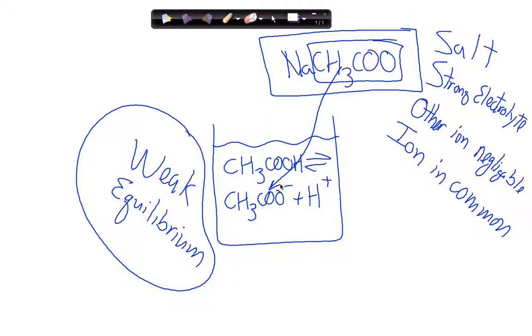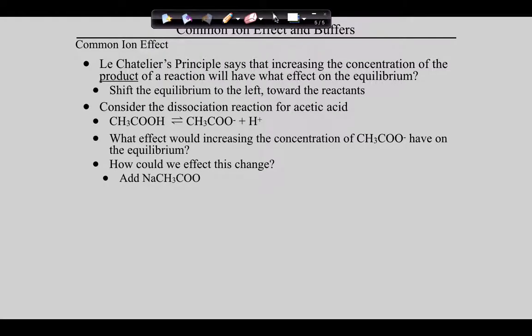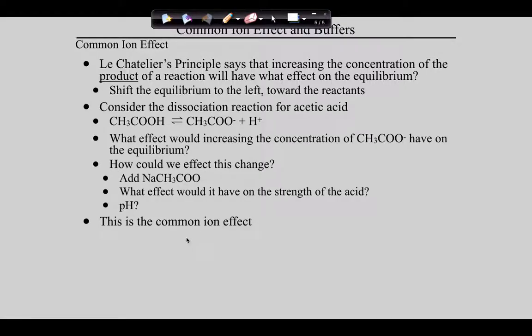But it really is this simple. So with the simplicity, or maybe the familiarity of the chemistry, because we've done so much with Le Chatelier's principle, now we're going to dig into the details of this.